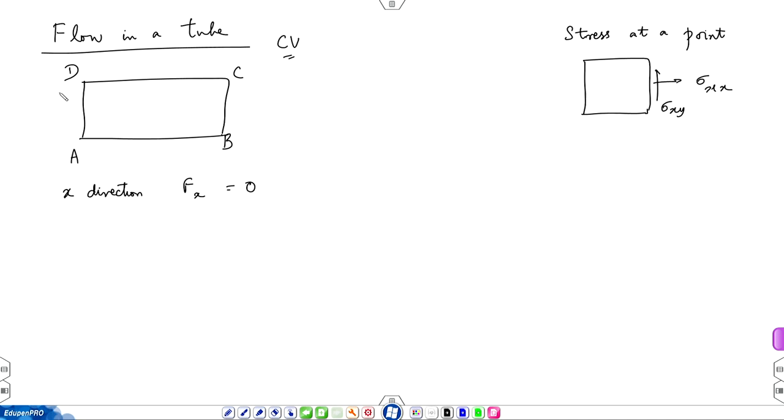So, that sigma xx will be pointing to the left. Now, sigma xx under flow conditions is not necessarily P, but if you remember our discussion, if flow is mainly in one direction, in the other direction you can think of it as hydrostatic. That will be a hydrostatic variation.